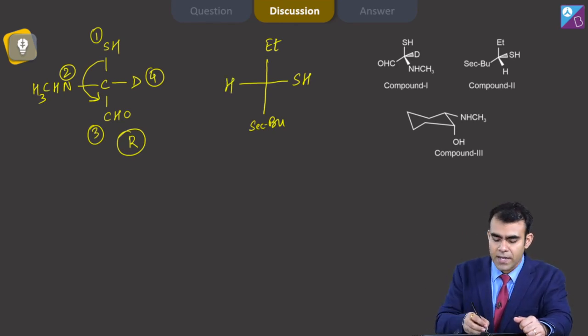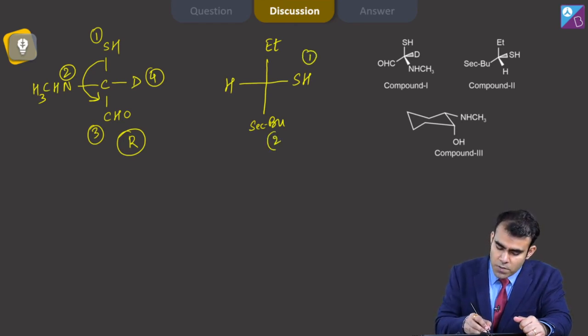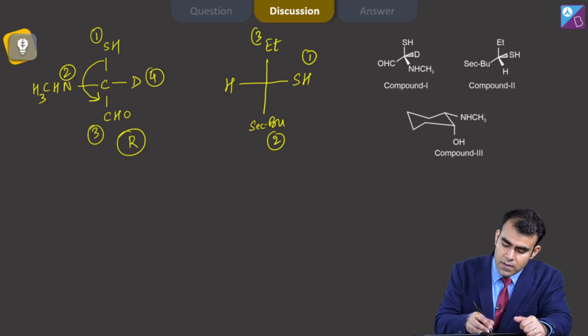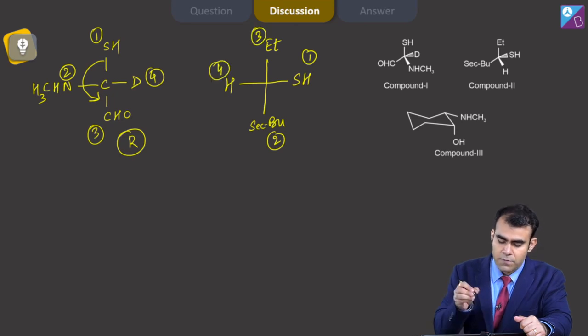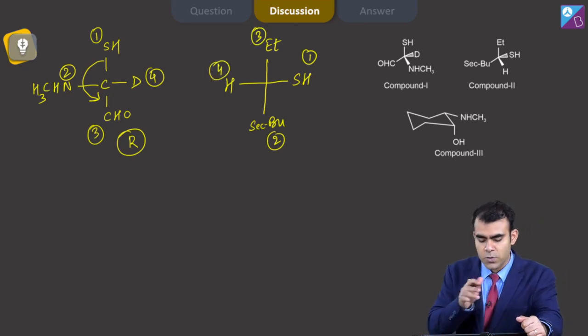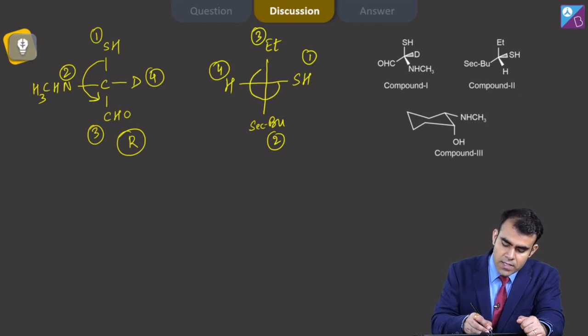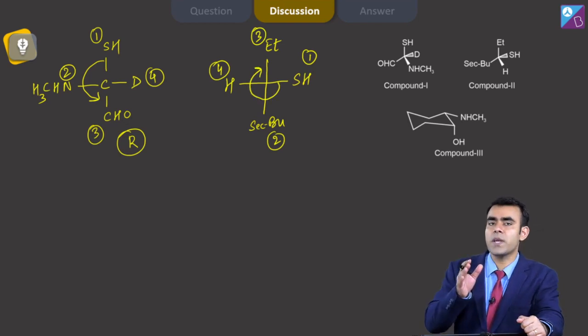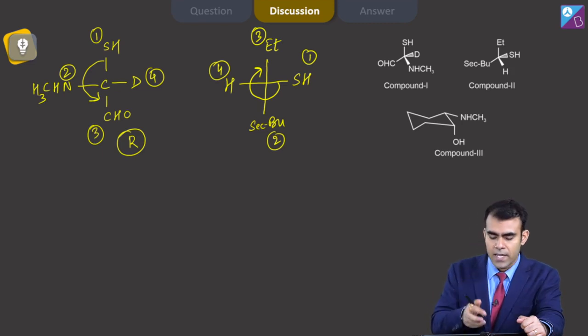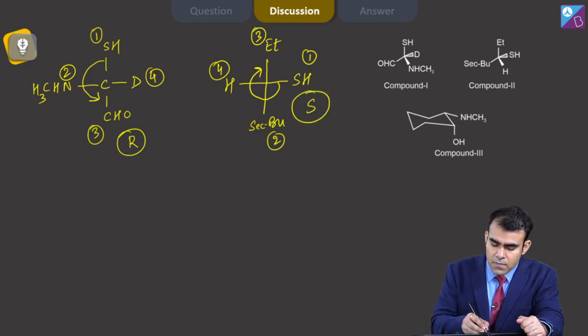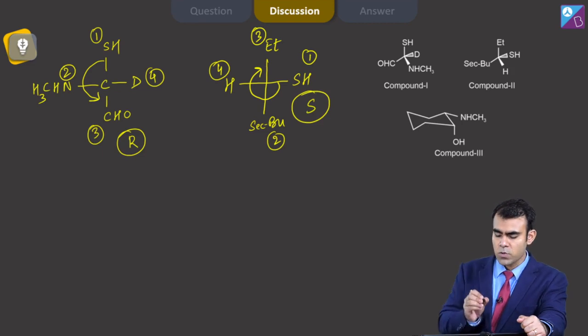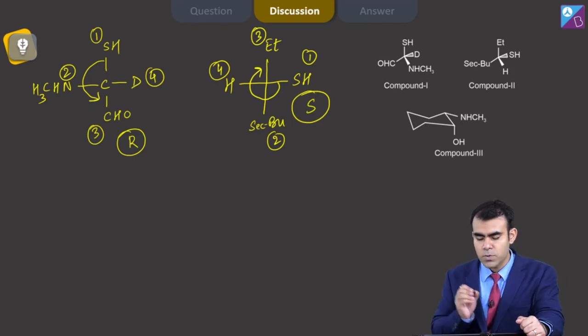Now let's do the numbering again, that is 1, this is secondary butyl, so this is 2, ethyl 3, and hydrogen 4. Now again hide 4, move from 1 to 2 to 3. This is clockwise, so it should be R, but again lowest priority on the horizontal axis, it becomes S. So compound 1 is R, compound 2 is S.